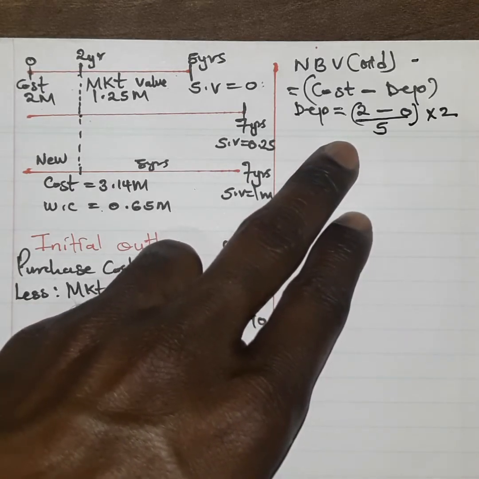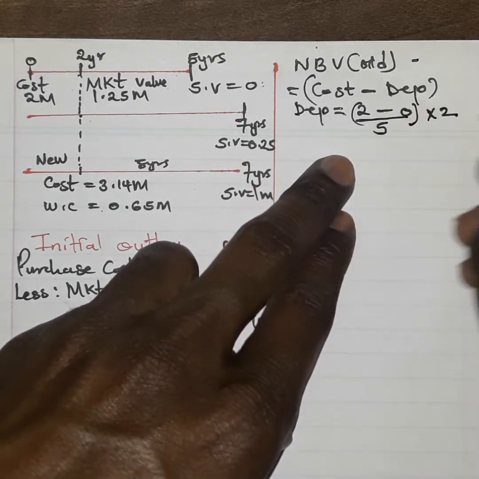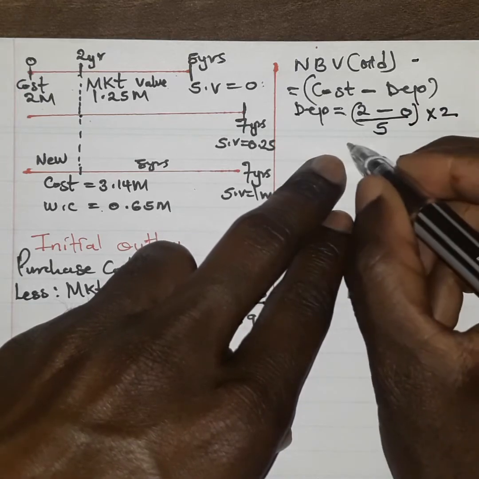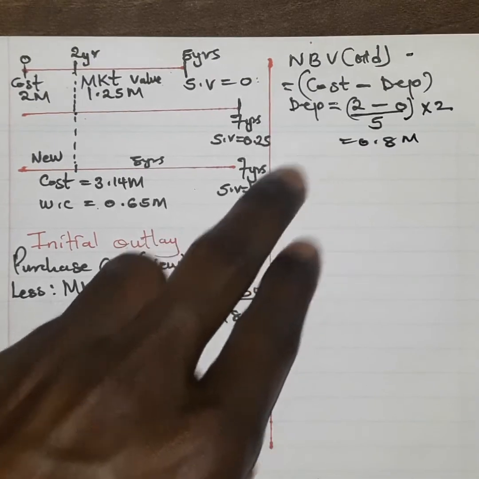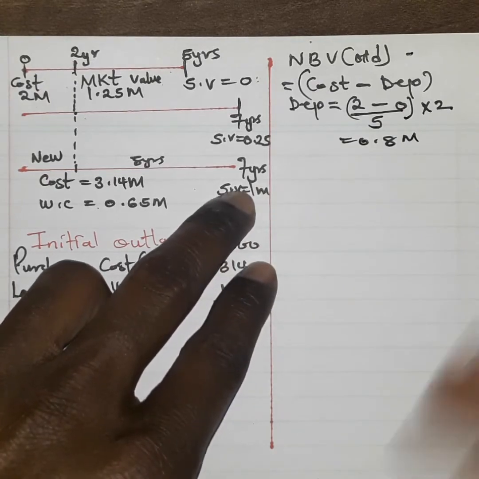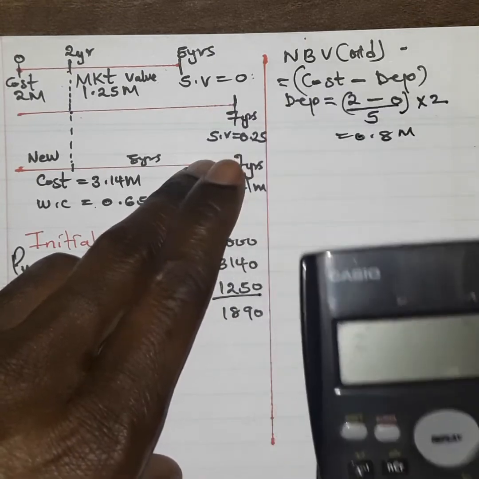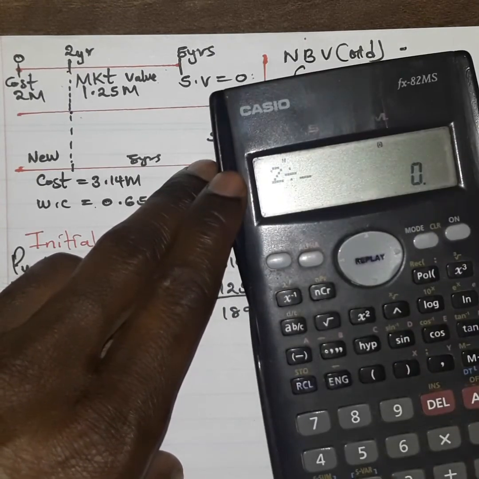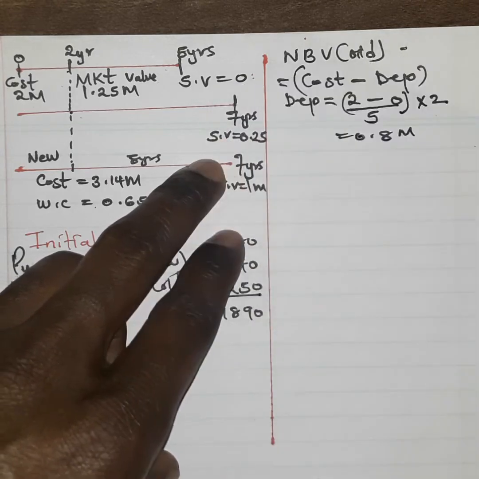When you do that, we get a value of 0.8 million. We can confirm: 2 divided by 5 is 0.4, times 2 is 0.8.